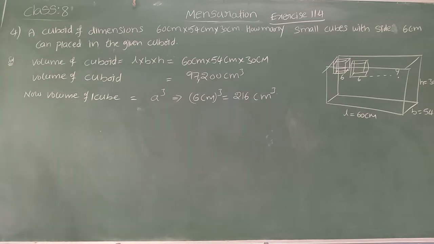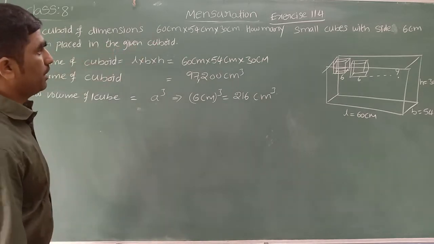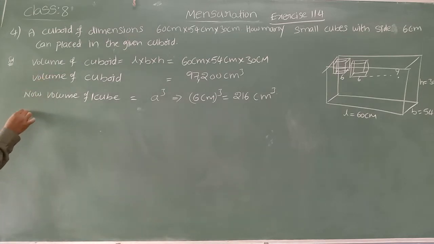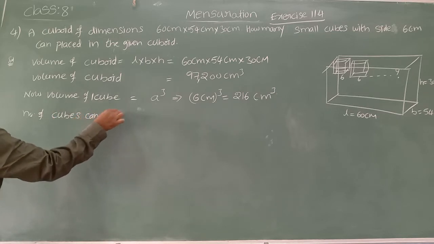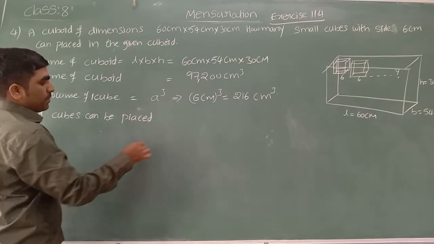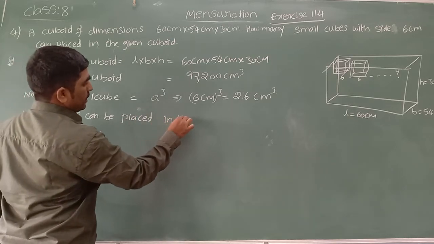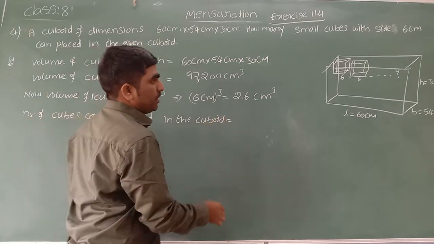Now we need to find how many cubes can be placed in the cuboid. Number of cubes that can be placed in the cuboid is equal to, how can we find, beta?